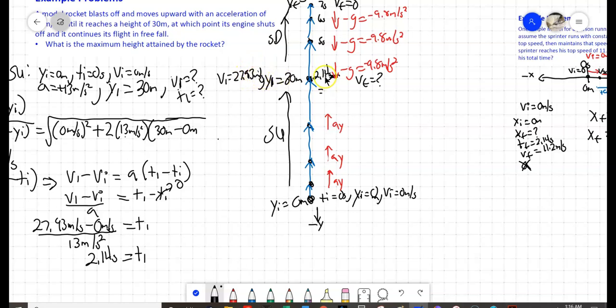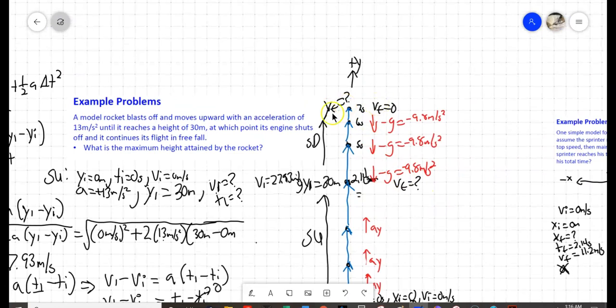At 2.14 seconds the engine shut off, and now it begins slowing down from 27.93 to a velocity of 0 at some other point up here. Gravity will be pulling it down, subtracting 9.8 meters per second from this velocity for every second that it's moving upwards until it comes to a stop. Okay?